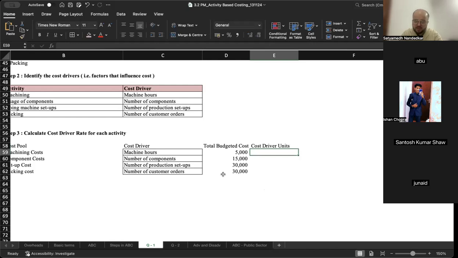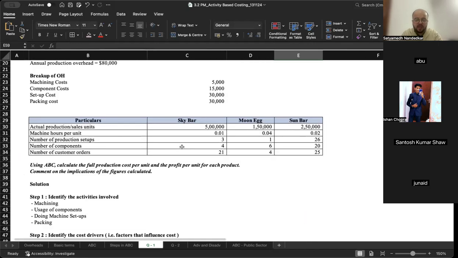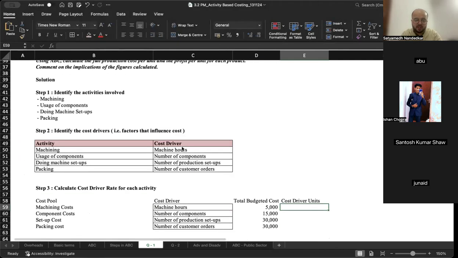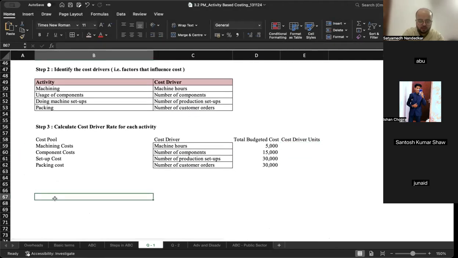If machine hours are my cost driver, I will need the total machine hours. And how will I get the total machine hours? Let's do a simple calculation here, which is calculation of total budgeted machine hours.